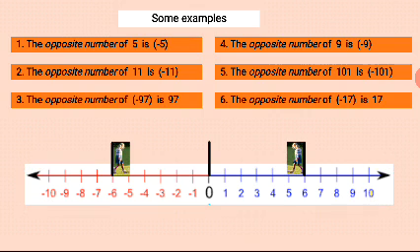Now see another picture of a number line. One girl stands on positive 6, right side from 0, and the second girl stands on negative 6, left side from 0.